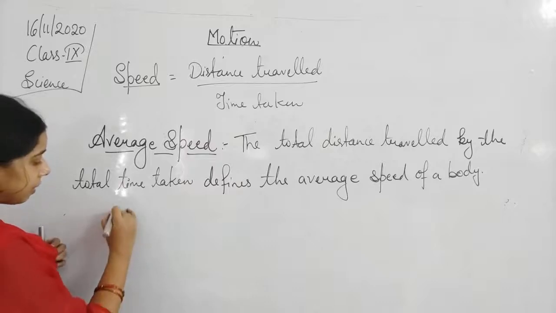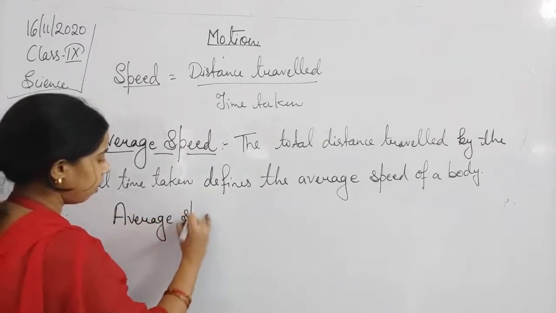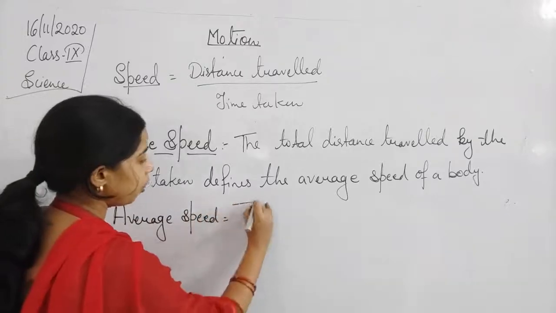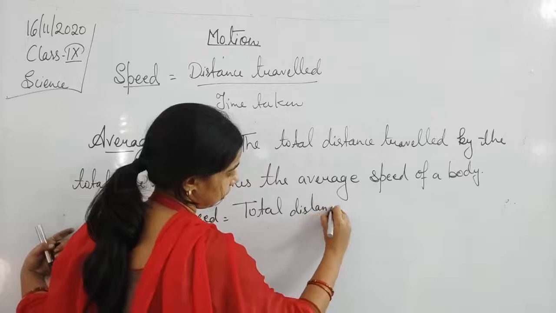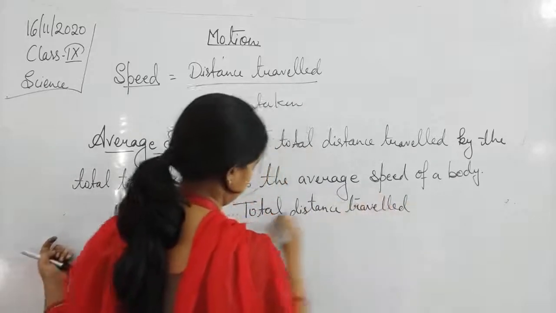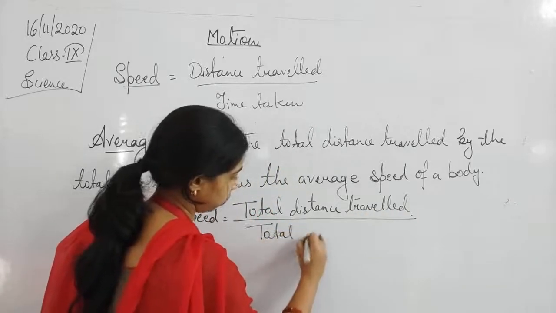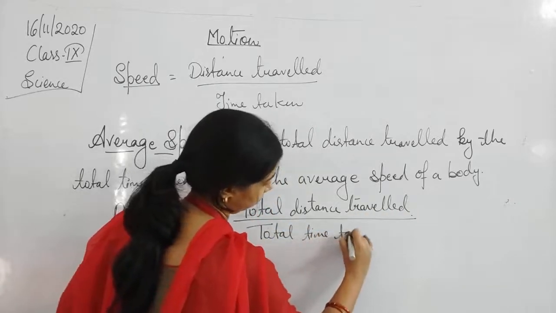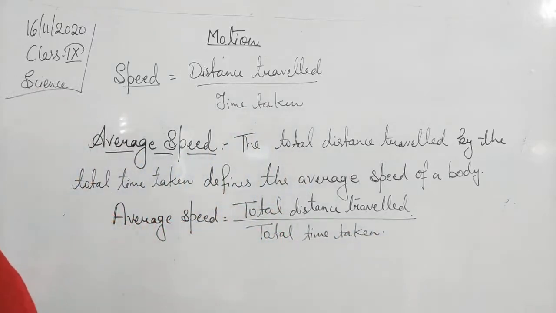We can write in a simple way, students, that average speed equals total distance traveled upon total time taken.